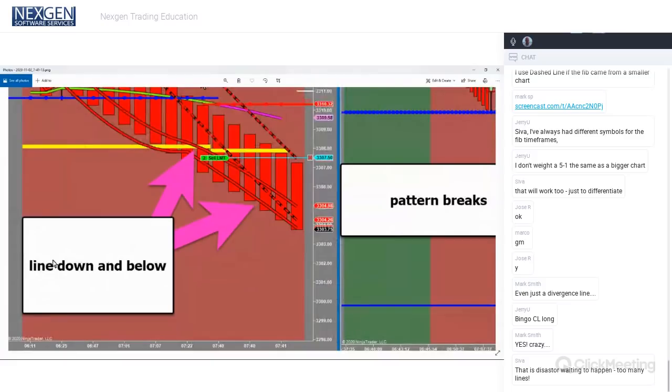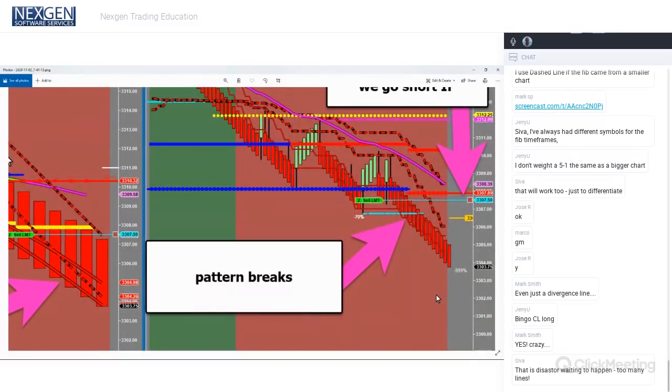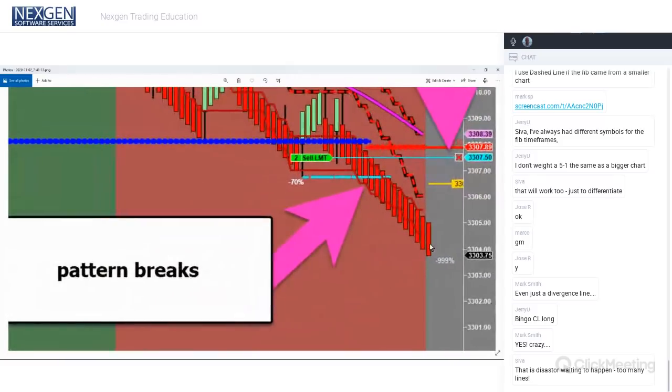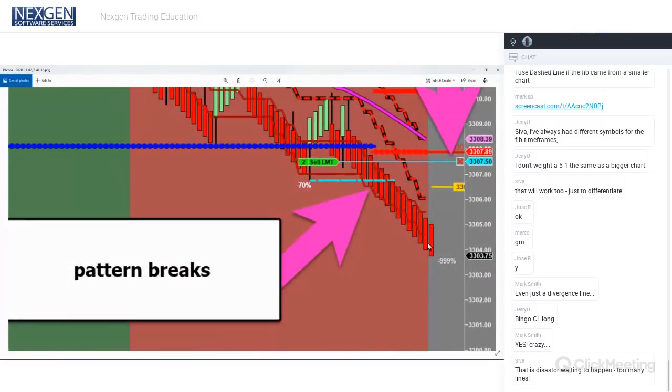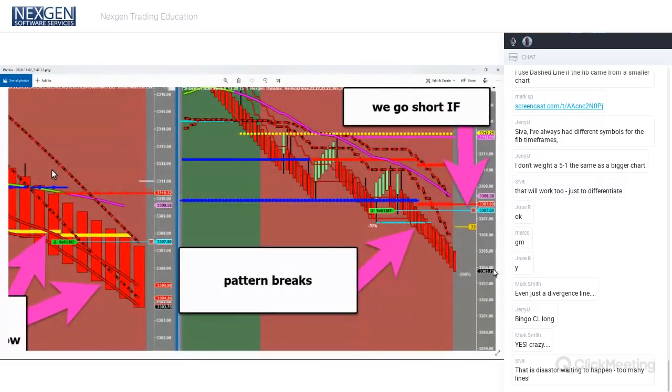What that means is, quite simply, if we get the line with the triggers down and below, and we do not actually, in fact, have a second divergence, and the triggers are, in fact, going down, we will then sell a pullback to resistance if we get it.